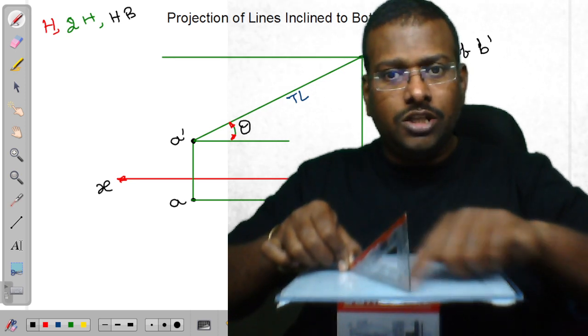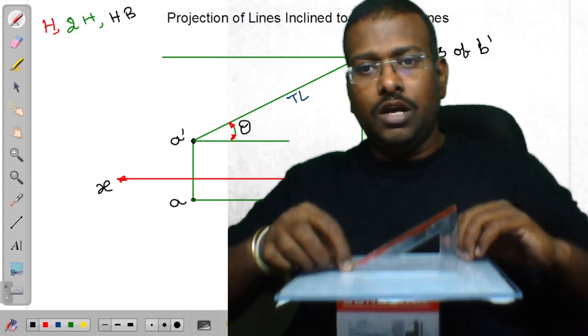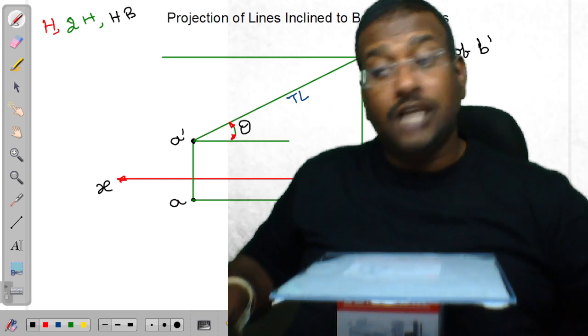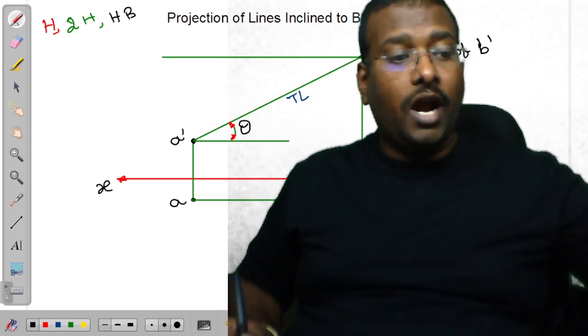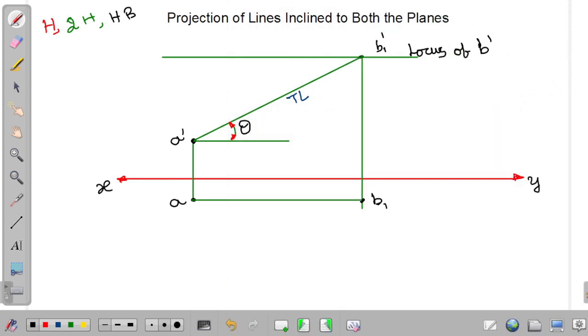This length is not changing, my dear friends. So the top view length is not changing. Therefore, this is another point we have to remember. Whatever the AB1 length we are getting here, the same length will be continuous even though it makes any angle with VP.